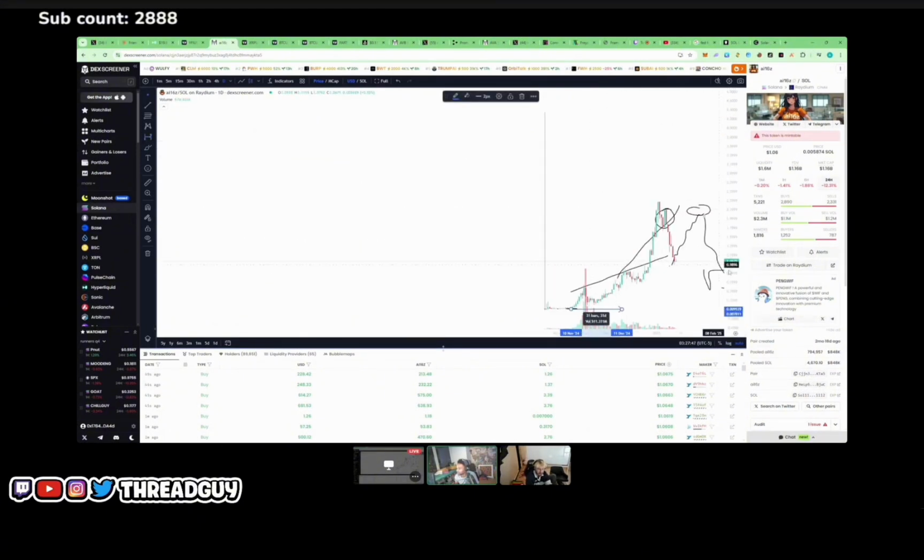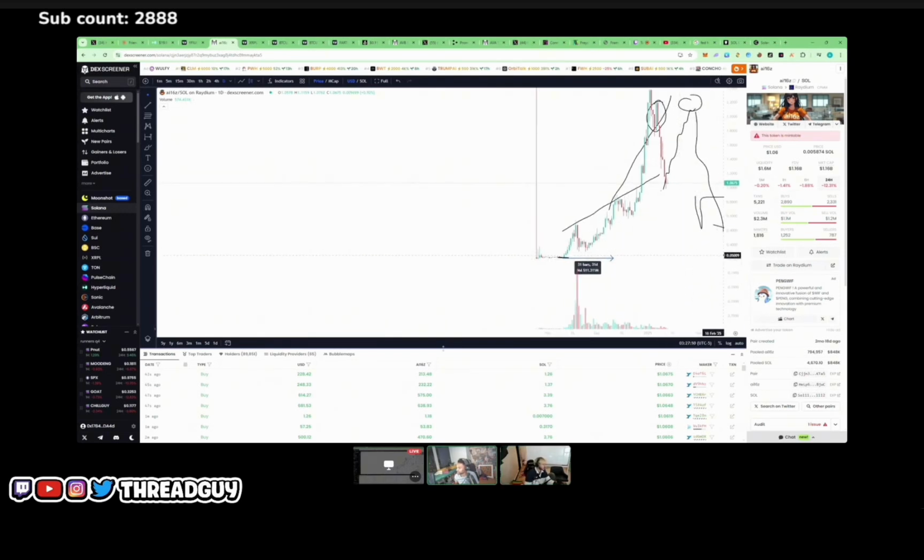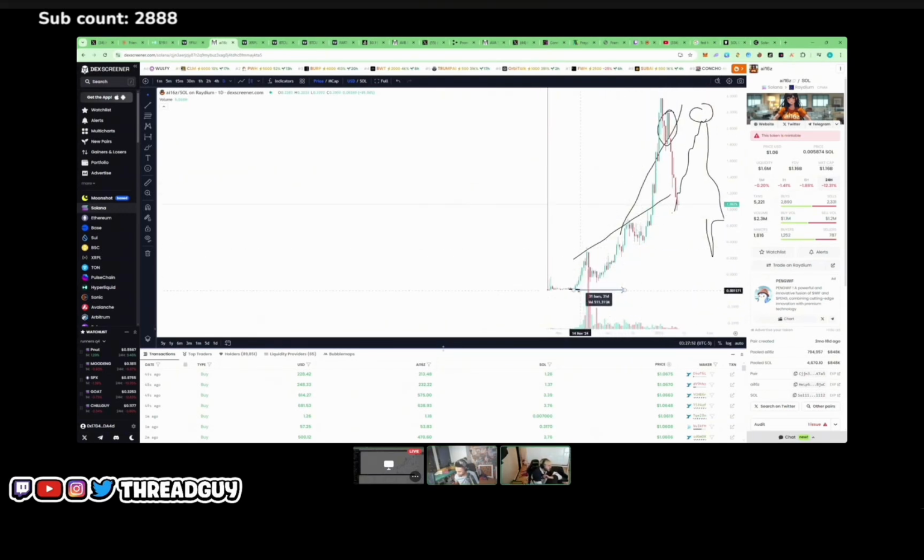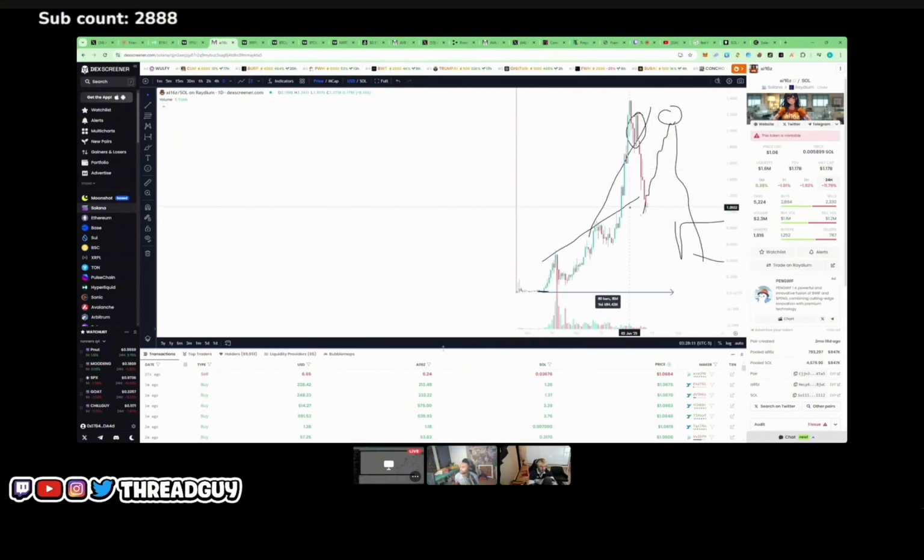I'm not even gonna put it on log because you can see it better. Basically up only price action. This up only price action almost never lasts more than 3 months. I've never seen a chart go from 0 to whatever, 5 billion, in over 3 months on chain and not eventually come back down, just because there's not a lot of liquidity.